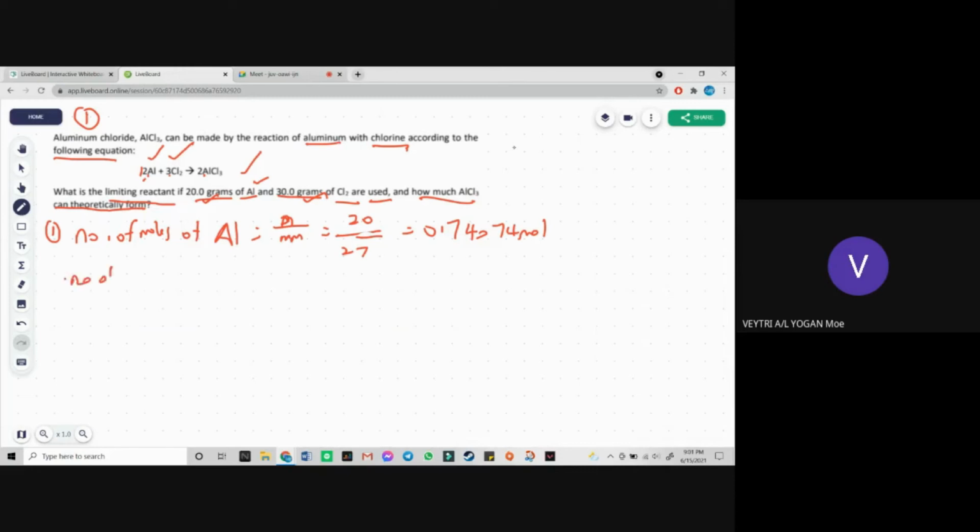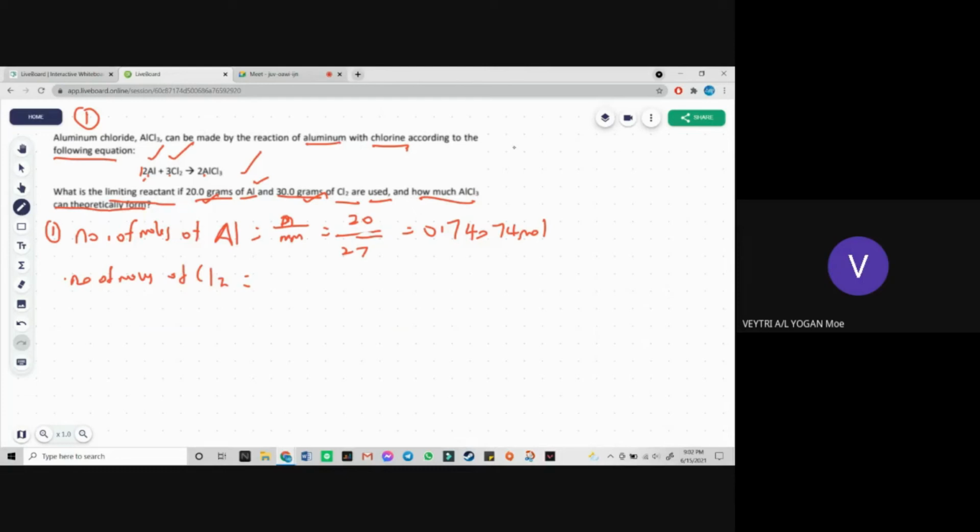Next, the number of moles of chlorine. Mass over molar mass. Don't forget that some elements are diatomic, like hydrogen, chlorine, bromine. Group 17 elements are all H2, Br2, Cl2 and so on.